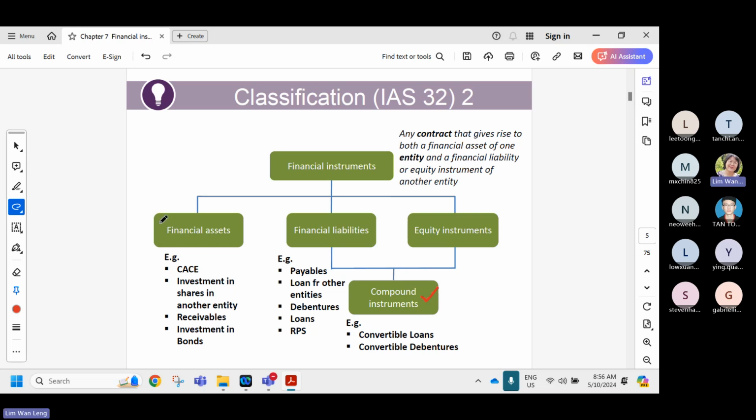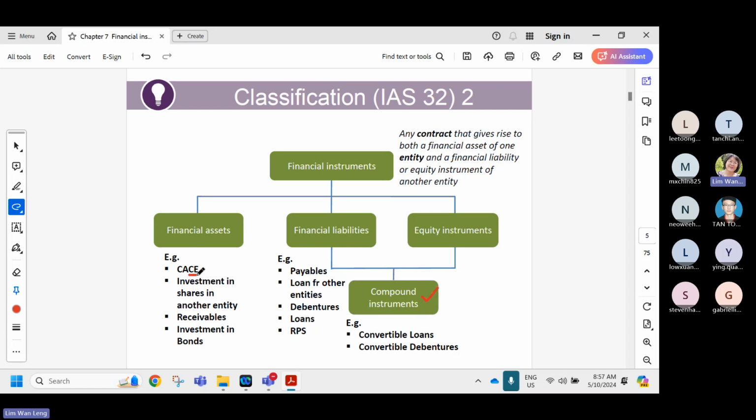So if you look at the financial asset, you will find that the first item in the example here is CACE. Where do you see CACE before? CACE is your cash and cash equivalents. So when you prepare your consolidated cash flow statements, you will see this item. Remember just now we said one of the definitions of financial assets is cash. So CACE is almost like cash. Cash, we know, is part of financial asset.